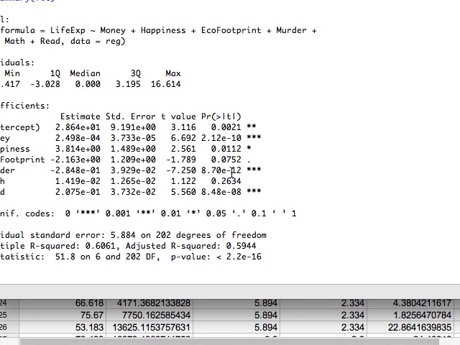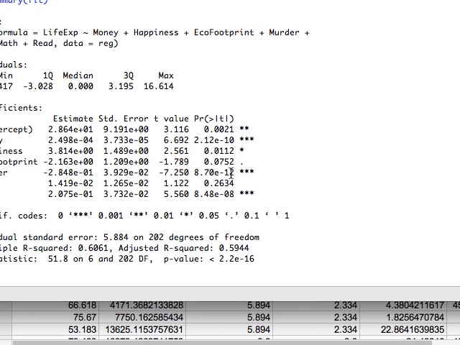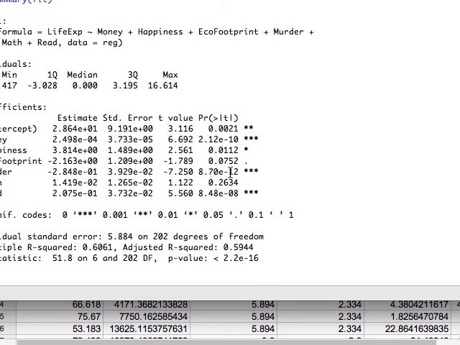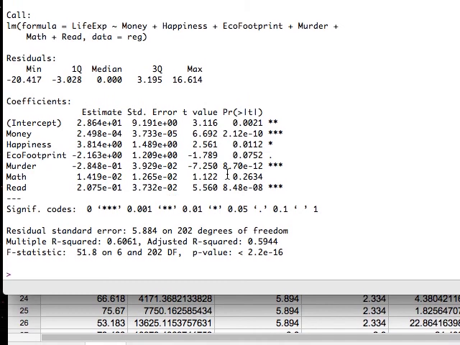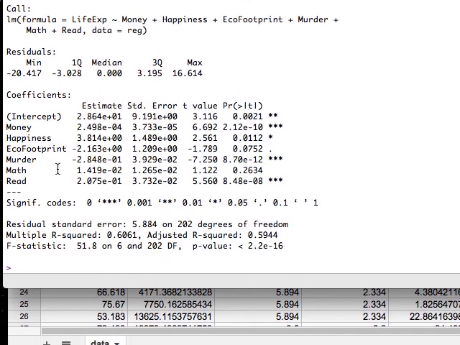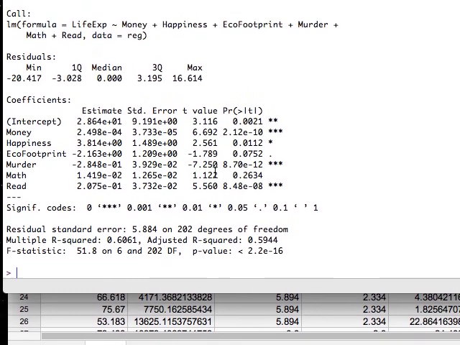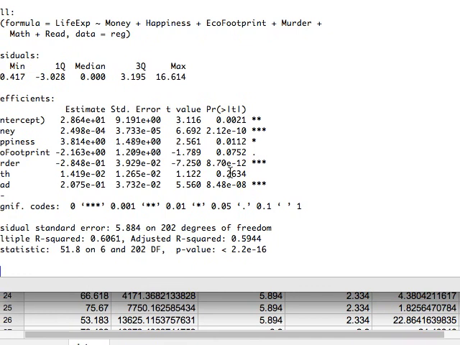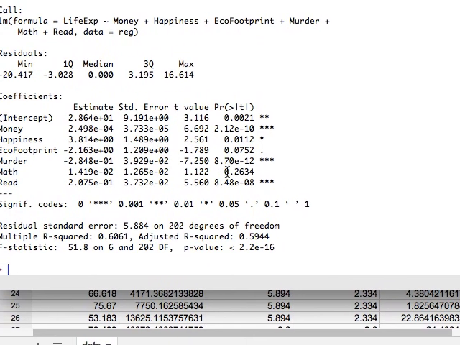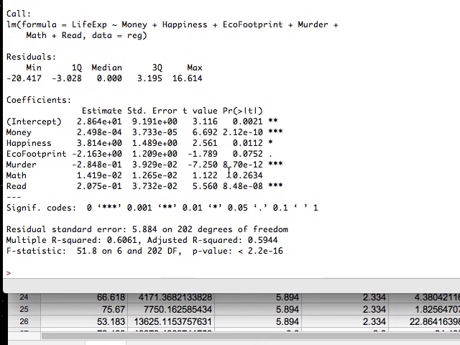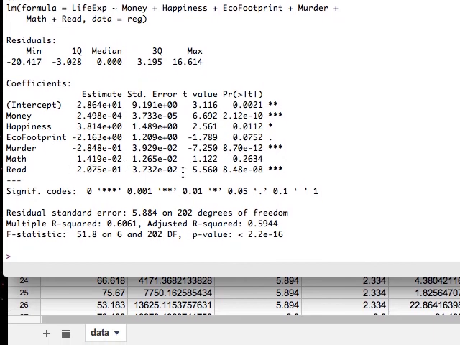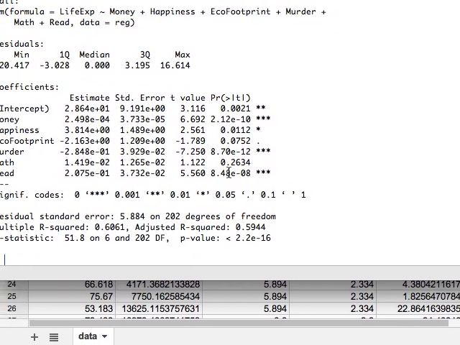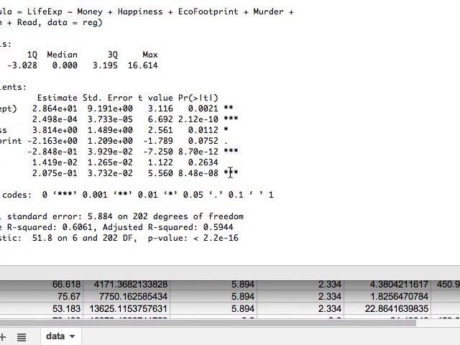Yes, very much so. That's a very low p-value, which means that that relationship is significant. Can math scores help us predict life expectancy? Not really. There's a 30% chance that they can't. Can reading scores help us predict? Yes, reading scores can.